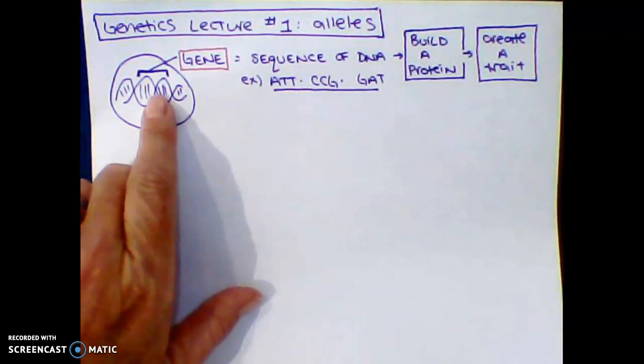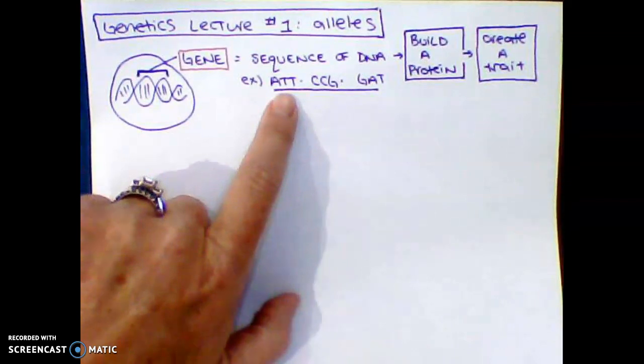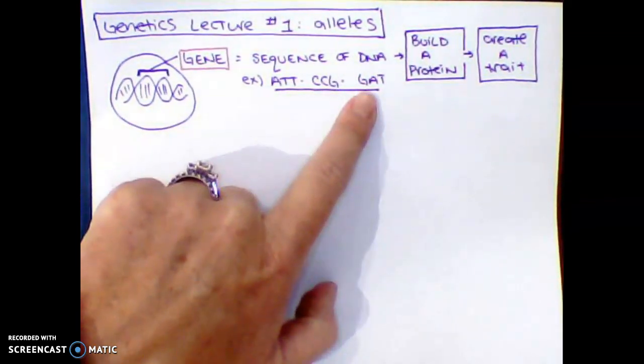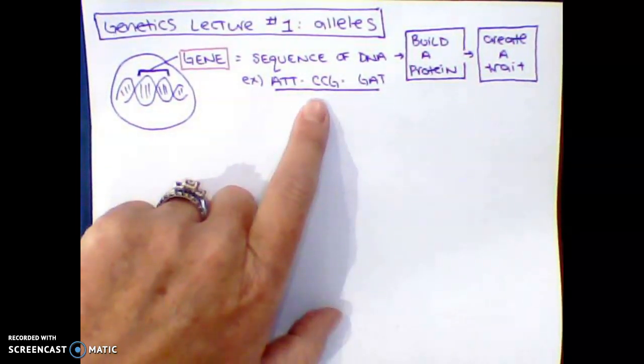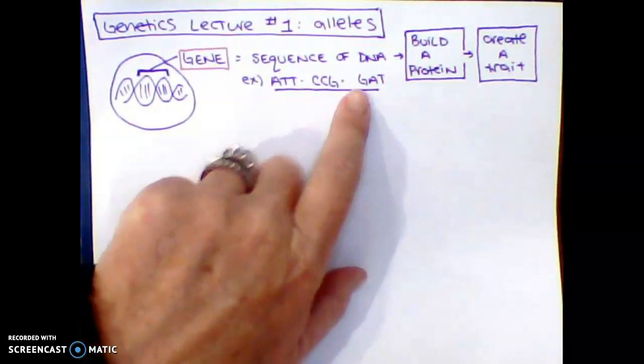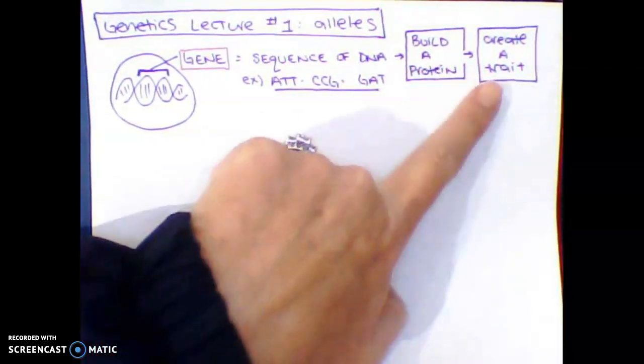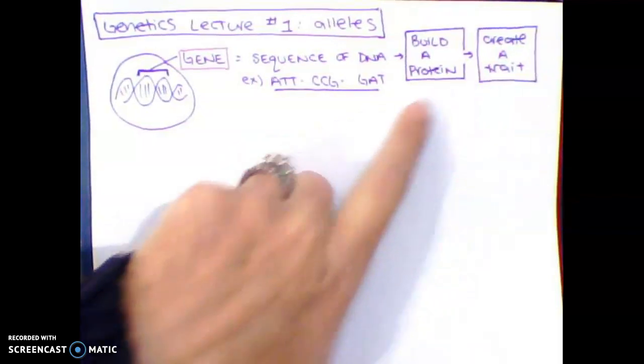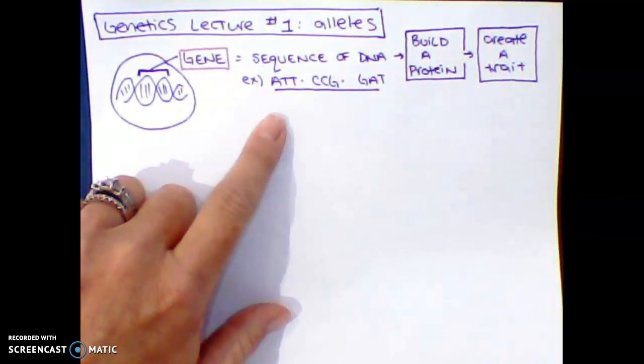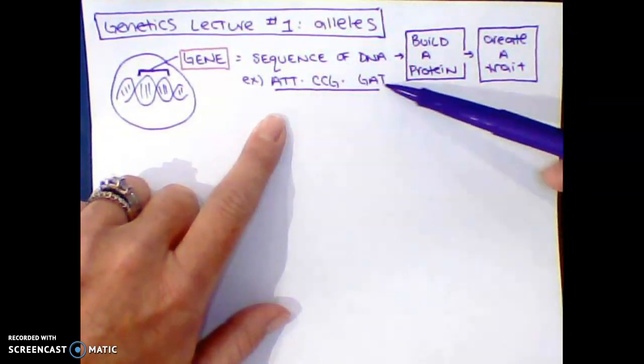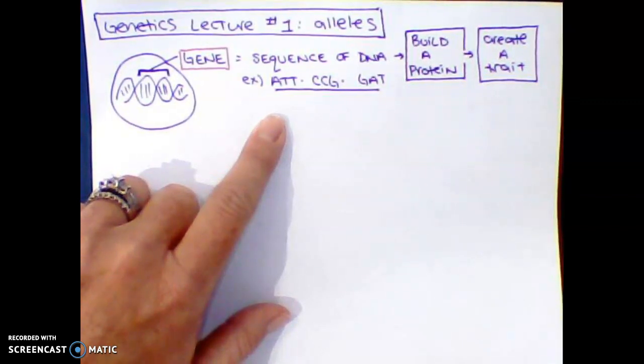Okay, so a sequence of DNA, for example, is ATT, CCG, GAT. Now we're going to go through transcription and translation with this sequence of DNA, build a protein, and then eventually get to a trait. When we're looking at a human's sequence of genes, it's a lot of information if we have to write out the entire gene DNA sequence all the time.